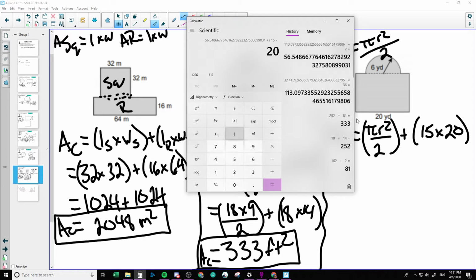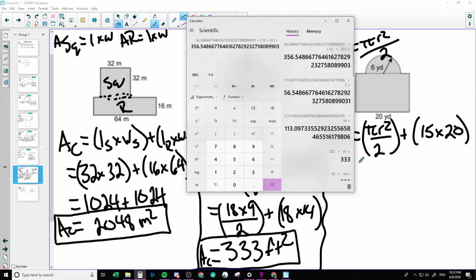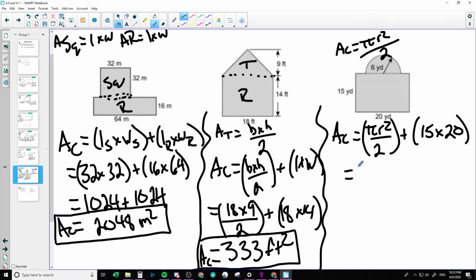And we put it in parentheses so that it knows to do the things in the parentheses first before adding them. So it will do the 15 times 20 and then add it to our 56.5486 and so on. And that gives us 356.55.